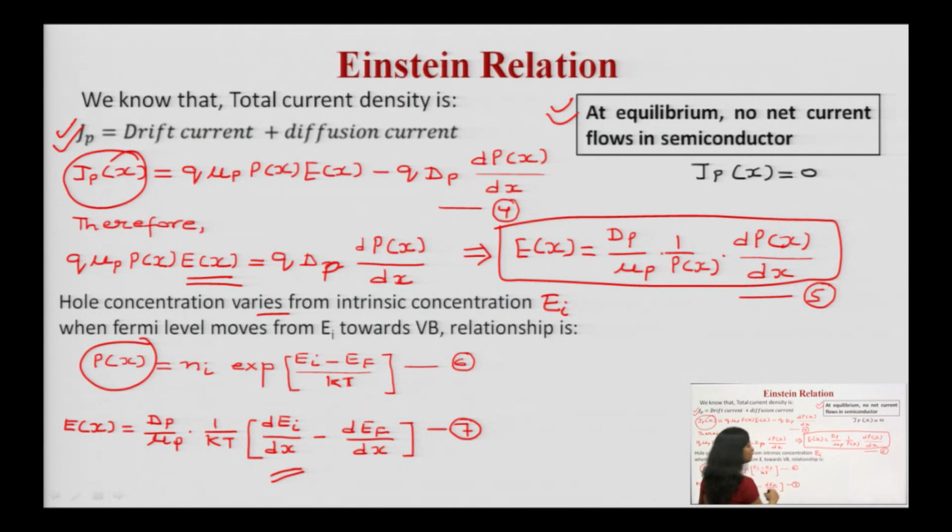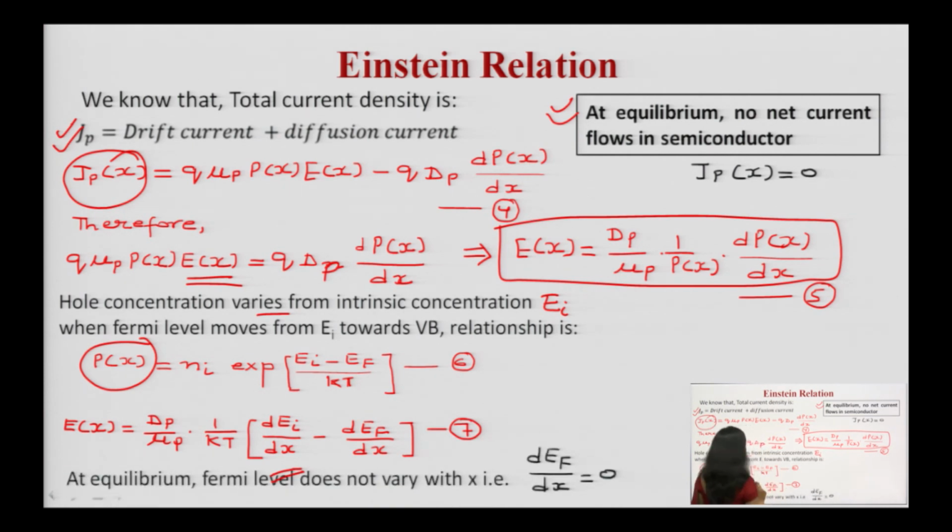In this particular manner, you can now simplify this equation, and you must remember that at equilibrium, Fermi level does not vary with x. Since we are talking about the equilibrium, there will be no change in the Fermi level with respect to x, so this term, d of EF upon dx, will be 0.